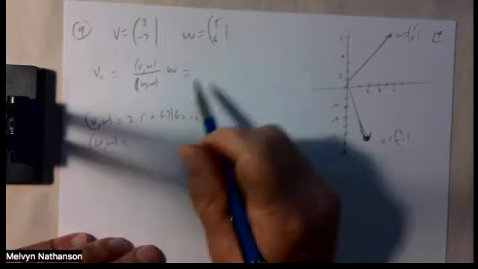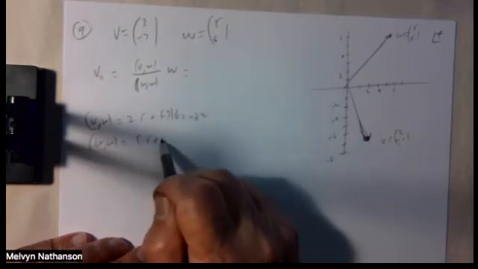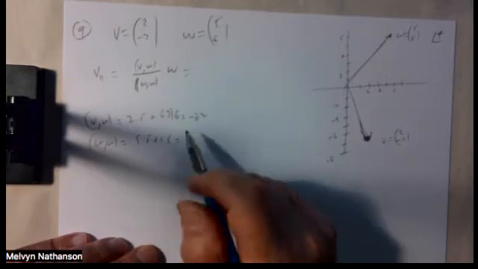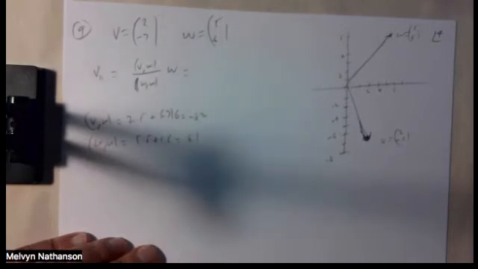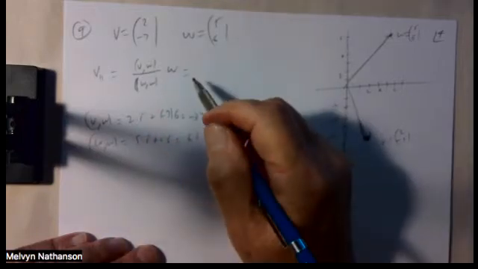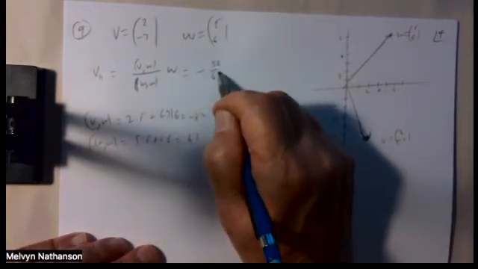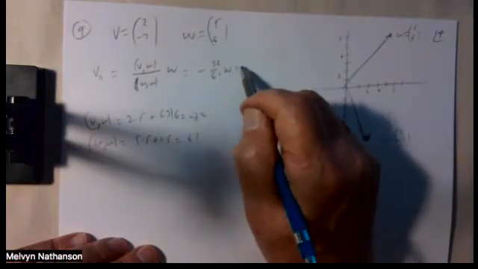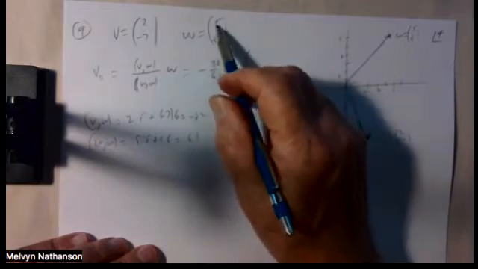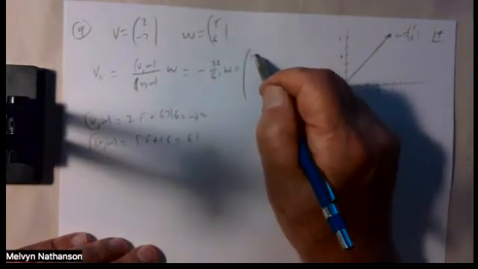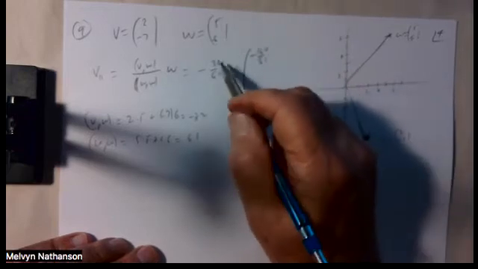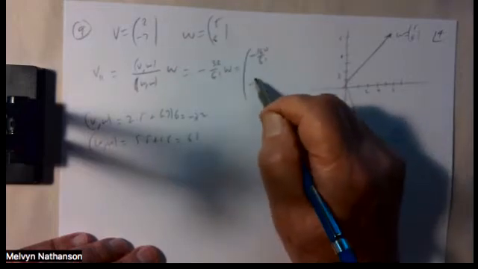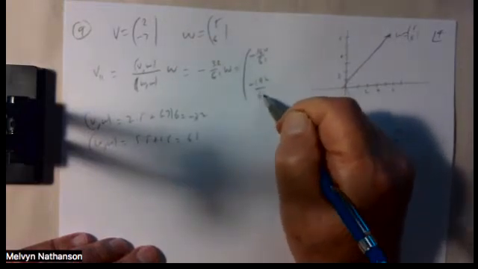The inner product of W with itself is 5 times 5 plus 6 times 6. That's 25 and 36, which I think is 61. So this is equal to minus 32 over 61 W, or if you like, it's the vector minus 160 over 61, and 6 times minus 32 is minus 192 over 61.